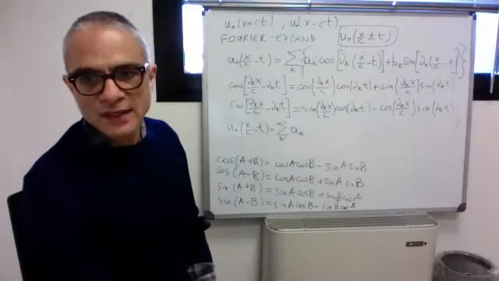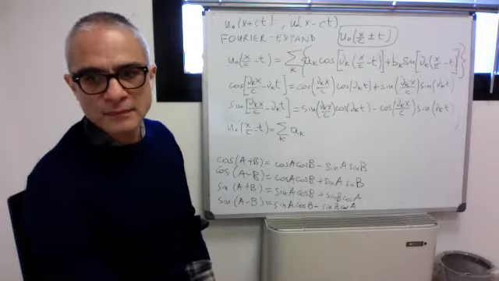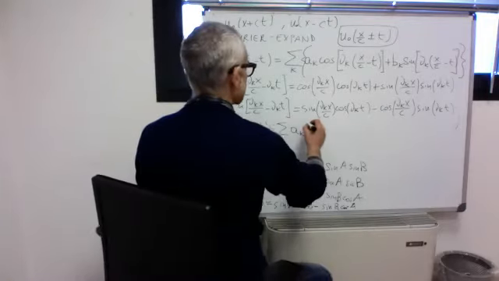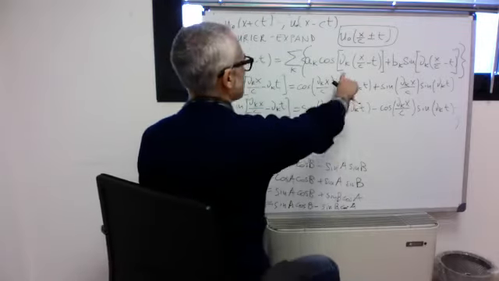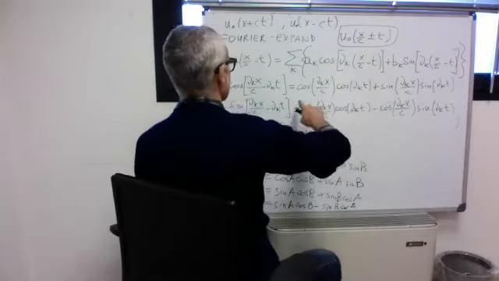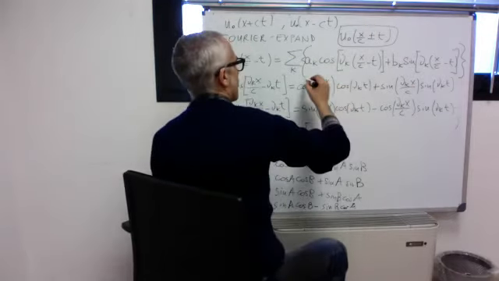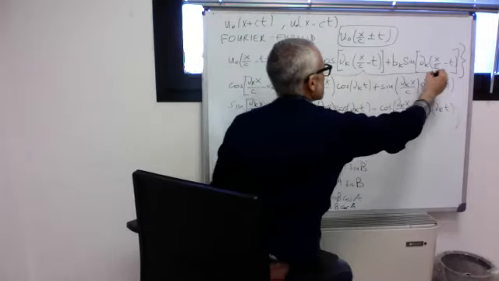You get alpha a_k cosine, I have to substitute all that into here.